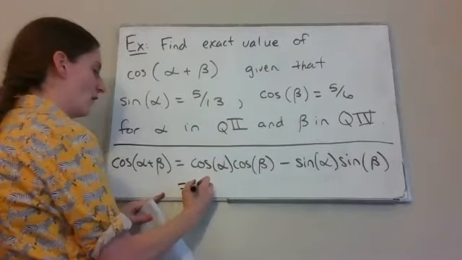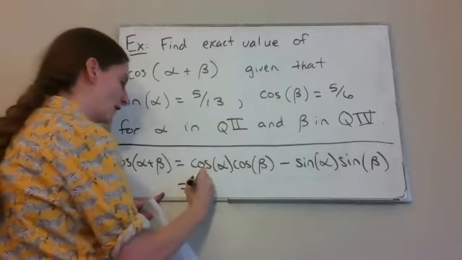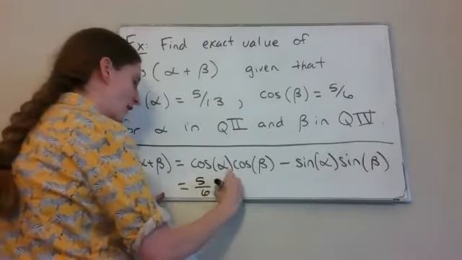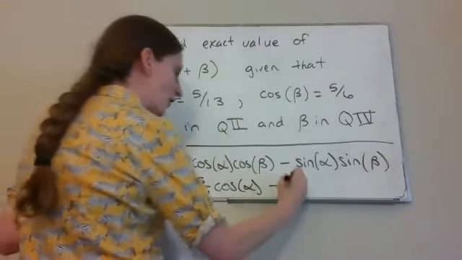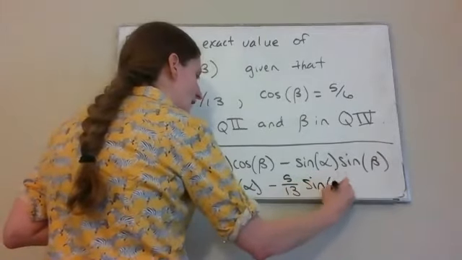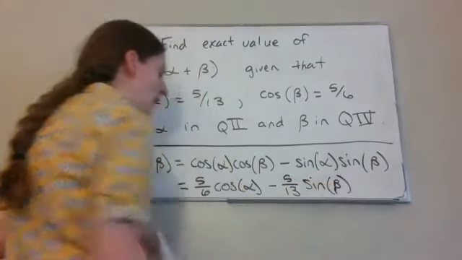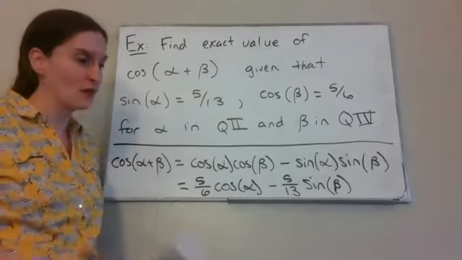So right now I have my cosine of beta is 5/6, so I have 5/6 times cosine of alpha. And my sine alpha is 5 over 13, so I have 5/13 sine of beta. But I don't know cosine of alpha or sine of beta at this point. We need to figure those out.